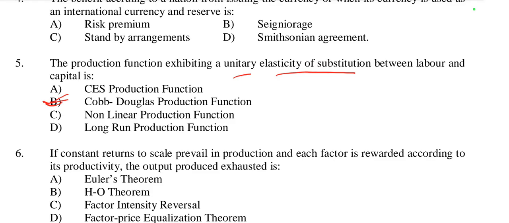So what does it imply? It implies a constant proportional relationship between the inputs. The CES, constant elasticity of substitution, production function on the other hand allows for varying elasticity of substitution depending on the parameter used. So here option B is right. Cobb-Douglas production function elasticity of substitution is equal to 1.